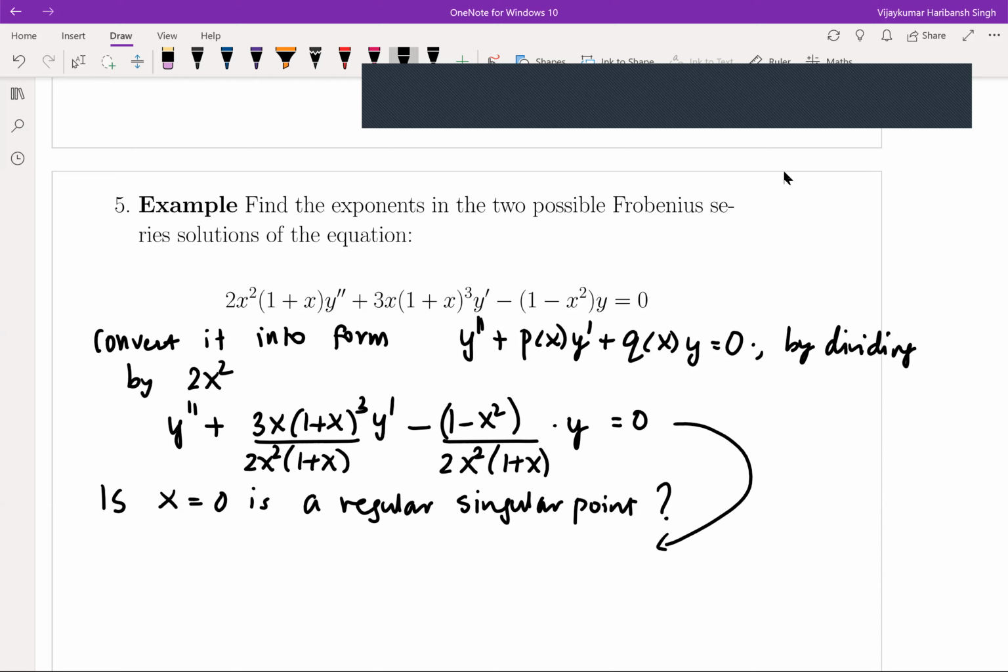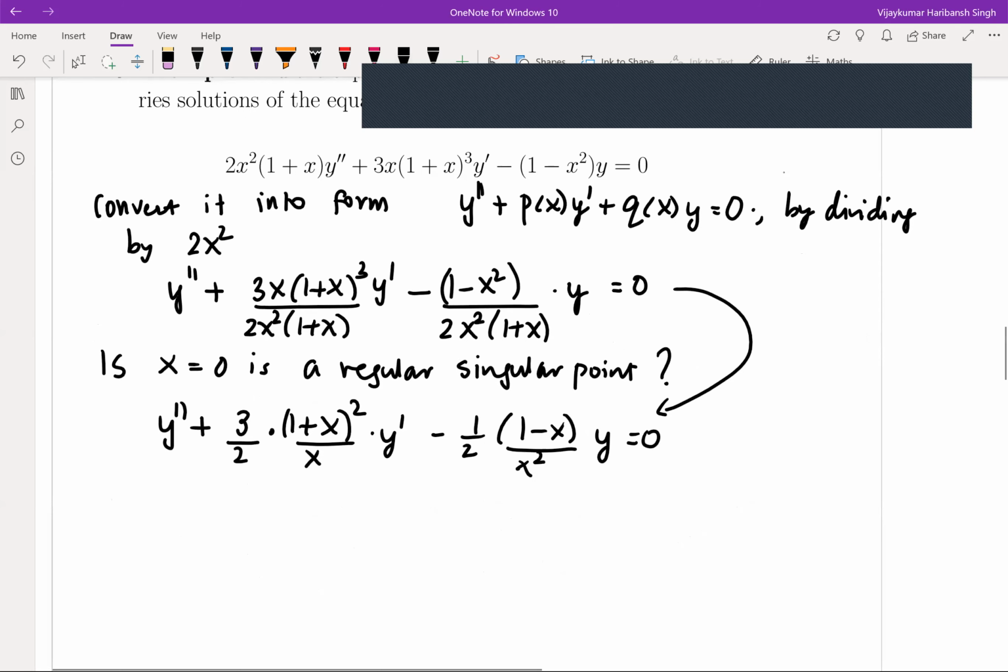We can write this as plus 3 by 2 times (1 plus x squared) by x y prime minus half (1 minus x) by x squared y equals 0.